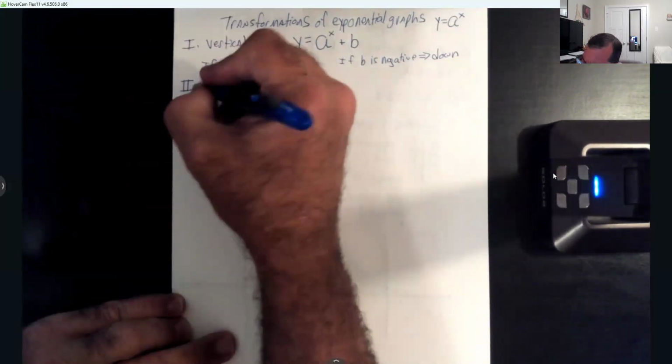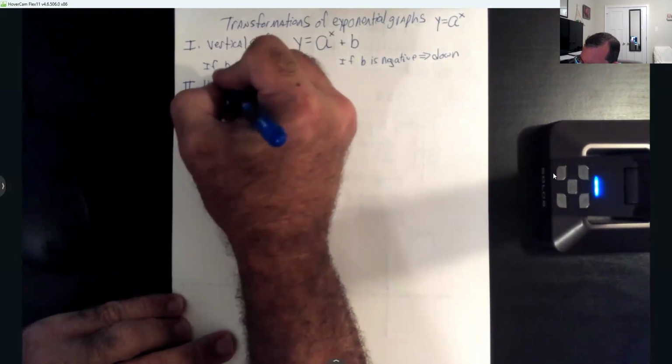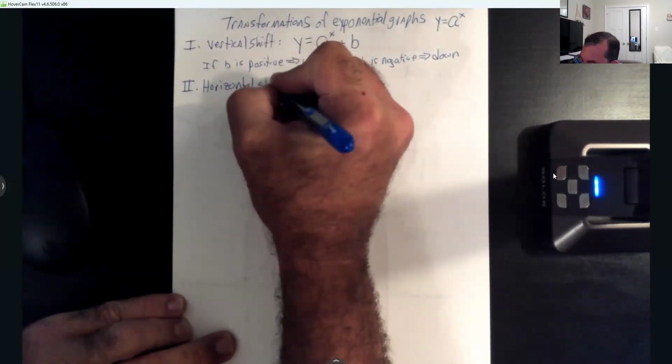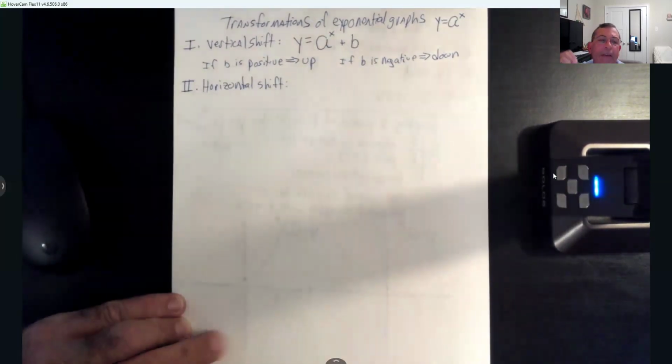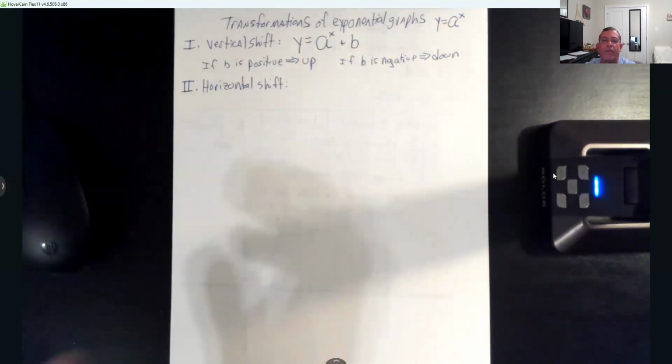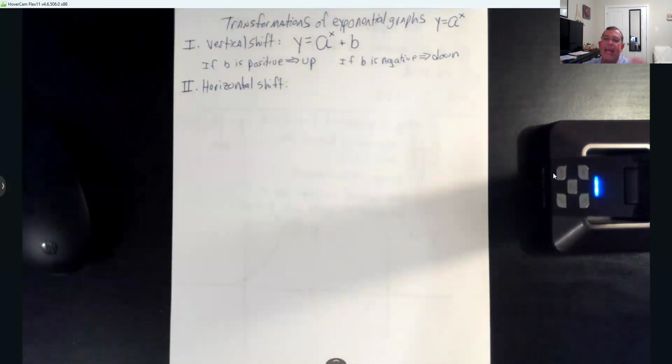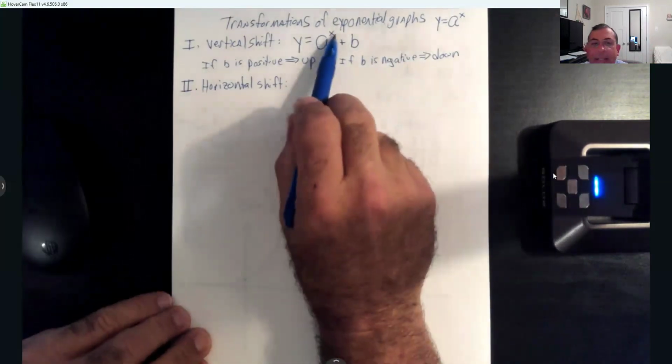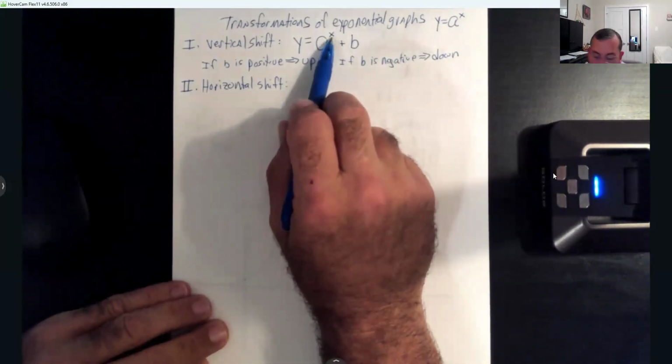So the horizontal is going to be a little bit different. Because in 7.2, when we did a horizontal shift, we were attacking the x inside parentheses. Well, y'all, the x is now an exponent.